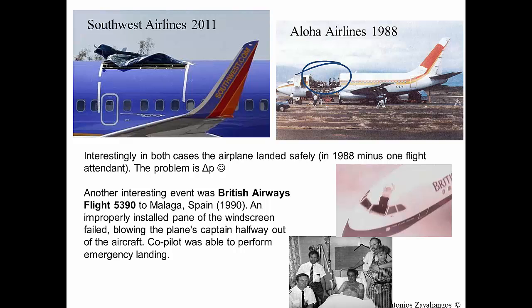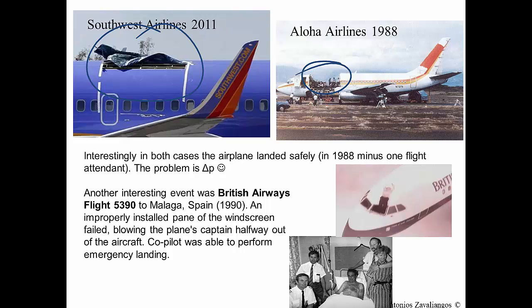The second airplane accident happened actually 6 or 7 years ago. I was teaching exactly this course, and we were talking exactly about fracture and fatigue when this interesting damage occurred in a Southwest Airlines flight.